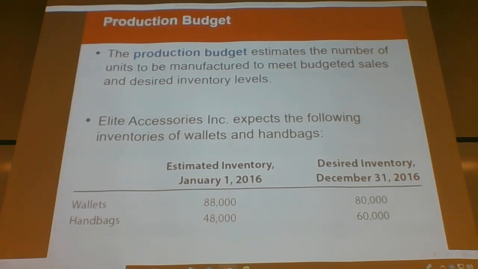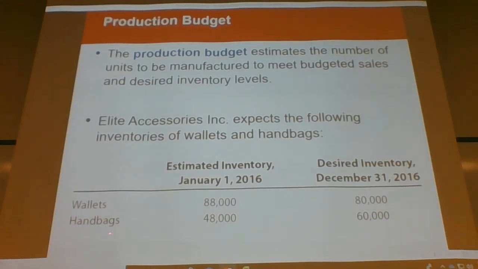So we can't start off with production and then just multiply that out by the sales price, because that's probably not going to match what we actually want to sell in total units. And we have kind of an example of that right down here with our wallets. Looks like our beginning inventory is estimated to be 88,000, but we're only having a desired inventory of 80,000.